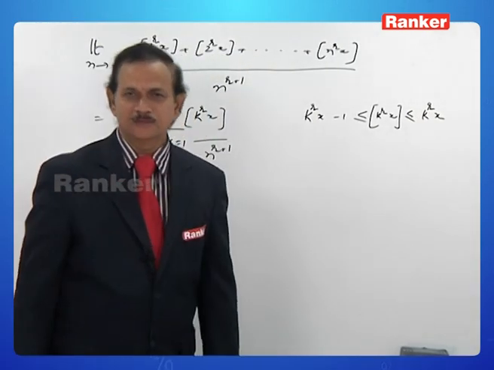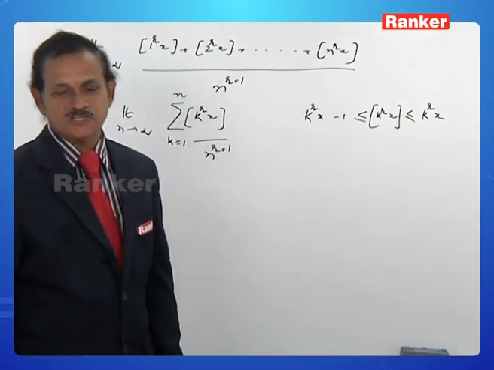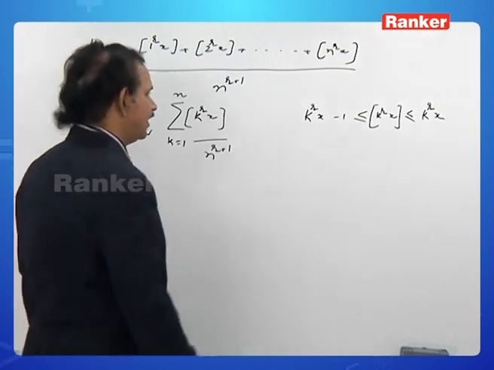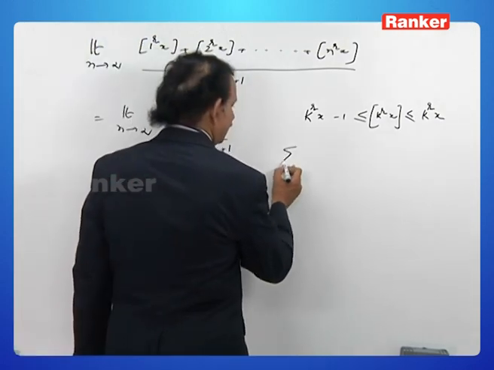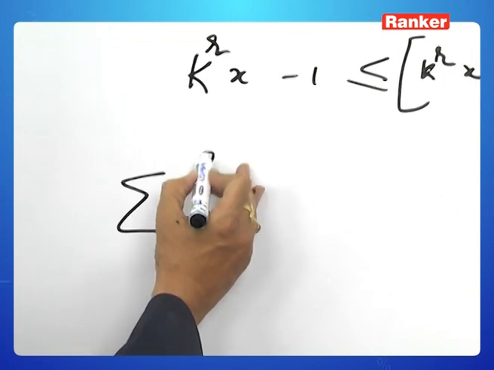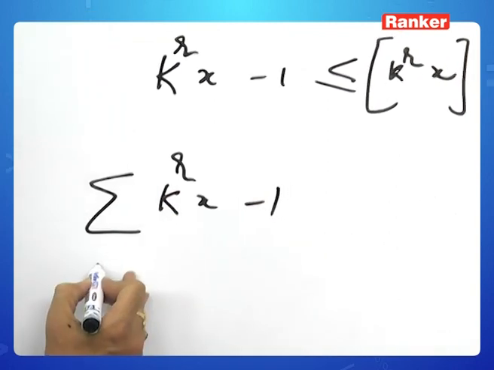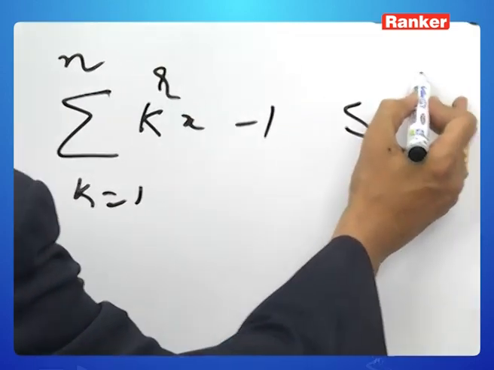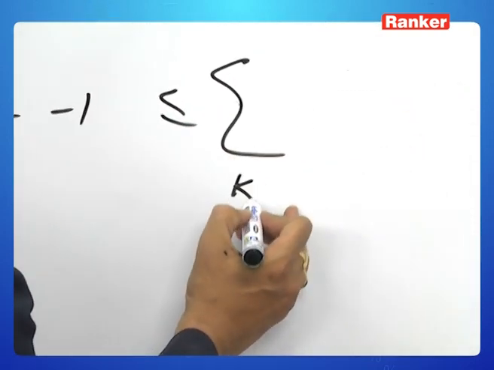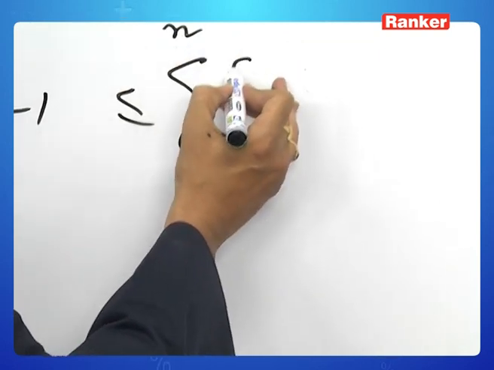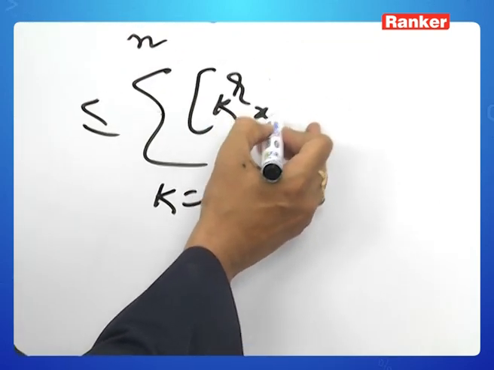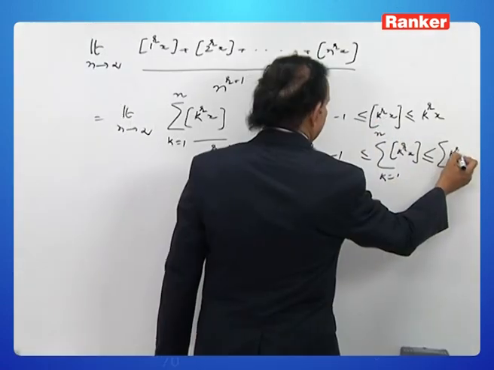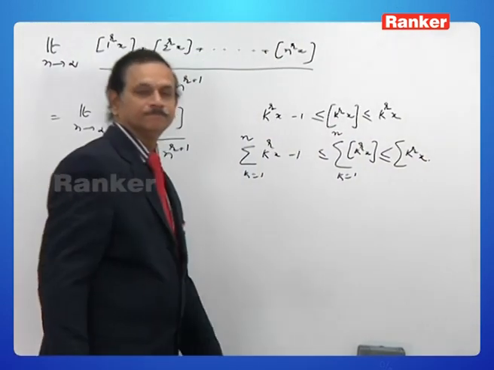In general, by the definition of integral part, we definitely have such things. Now let us use sigma notation: sigma of k power r into x minus 1, k equal to 1 to n, is less than or equal to sigma of the integral part of k power r into x, which is less than or equal to sigma of k power r into x.